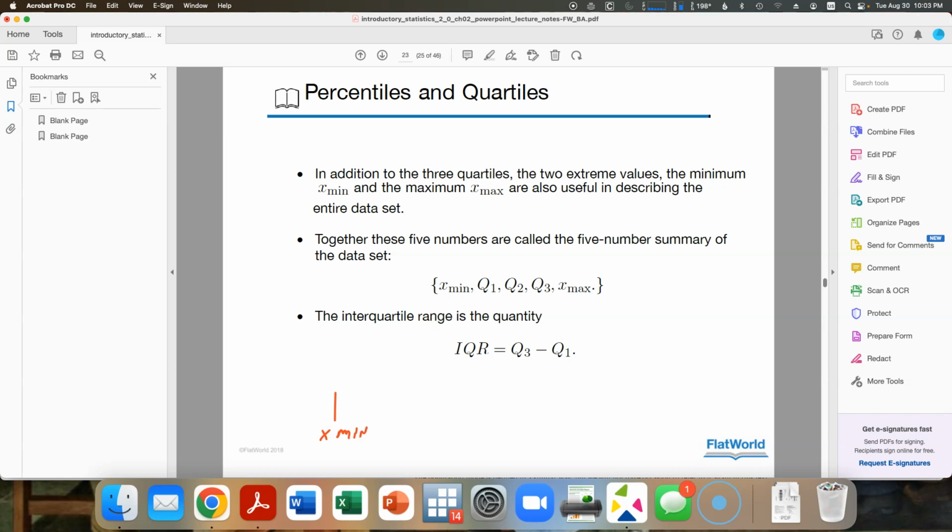we could imagine a continuum where we have the minimum value all the way to the maximum value.